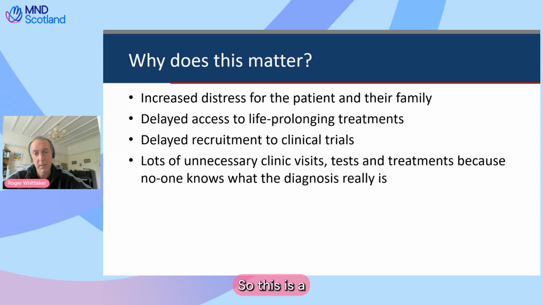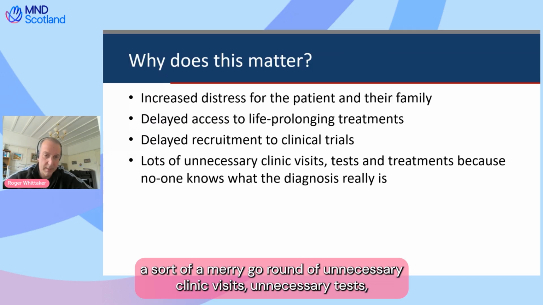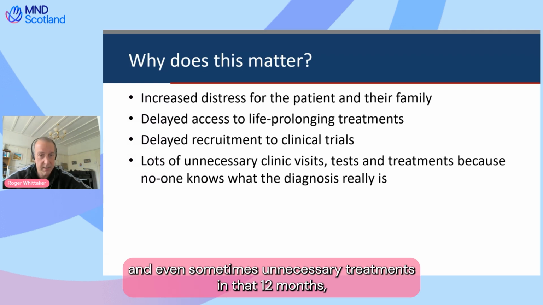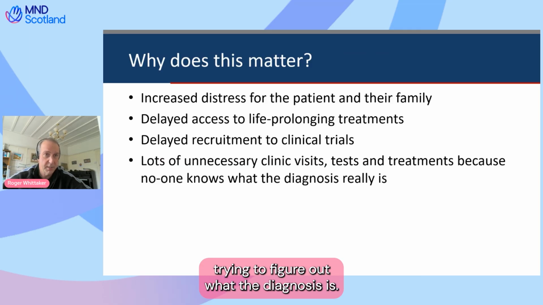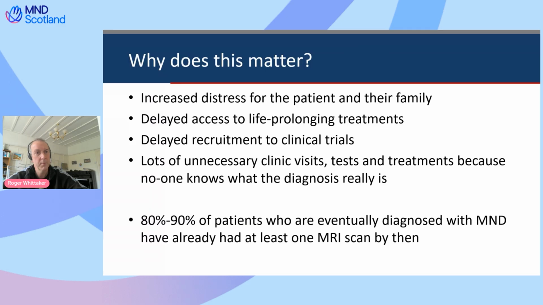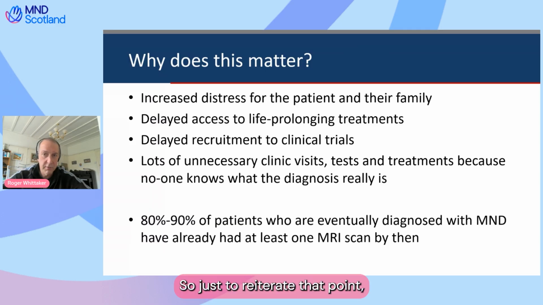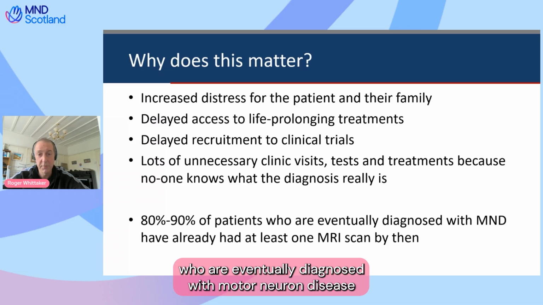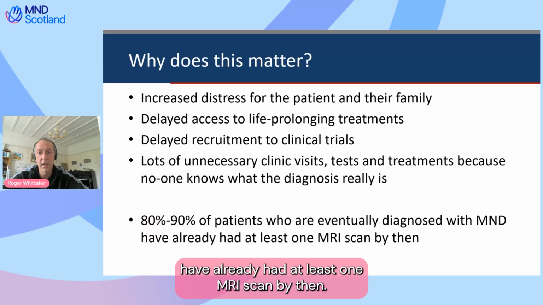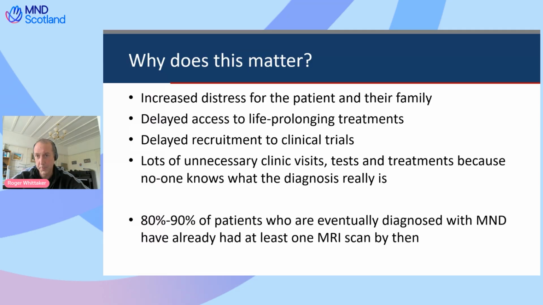So this is a sort of a merry-go-round of unnecessary clinic visits, unnecessary tests, and even sometimes unnecessary treatments in that 12 months, trying to figure out what the diagnosis is. So just to reiterate that point, in that 12 months, between 80 and 90% of patients who are eventually diagnosed with motor neuron disease have already had at least one MRI scan by then.